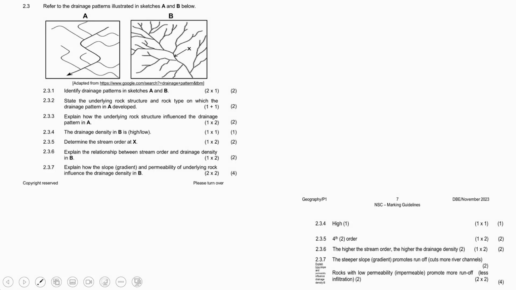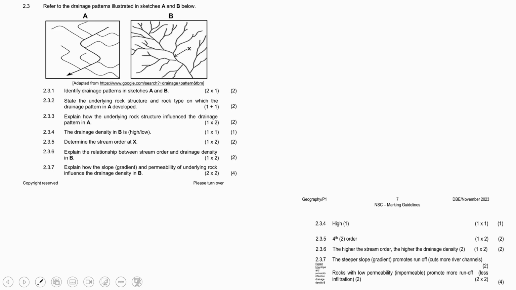Now we'll take this one and quickly fly through it. I don't want us to look at drainage patterns at the moment. I want you to look at 2, 3, 4. The drainage density in B. Remember I said to you, you'll be given 2 figures and you can start comparing.